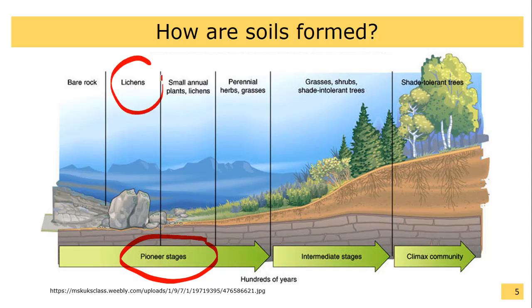Lichens play a major role as they can absorb water from the rock surface and atmosphere and make food by photosynthesis.